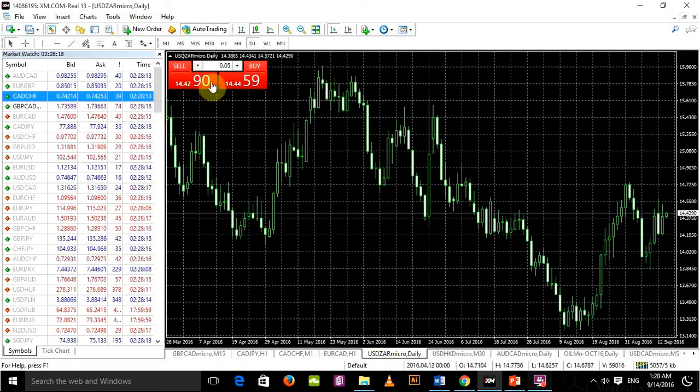It's not a big difference from the market price that's been given. The broker has also given me a price whereby I can sell or I can buy that currency pair at 14 rands 0.4461. So there's a price that's given by the market, and there's a price that's given by your broker.